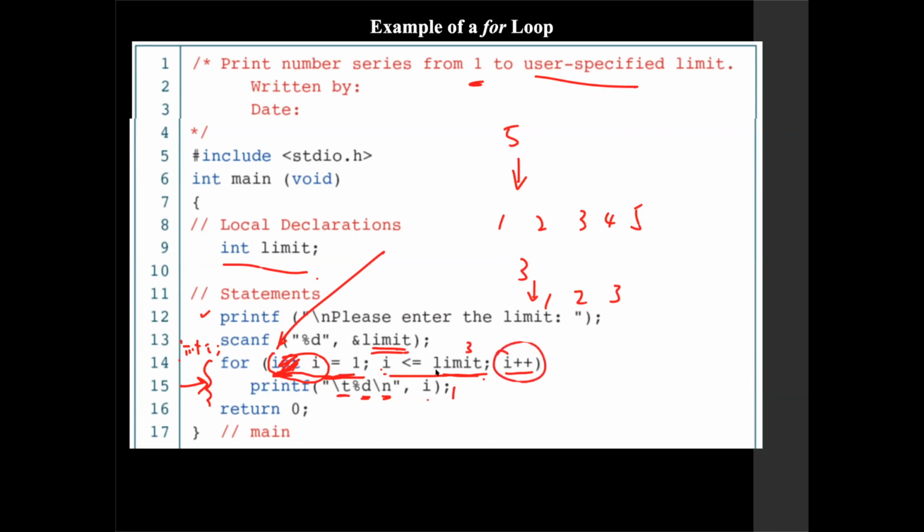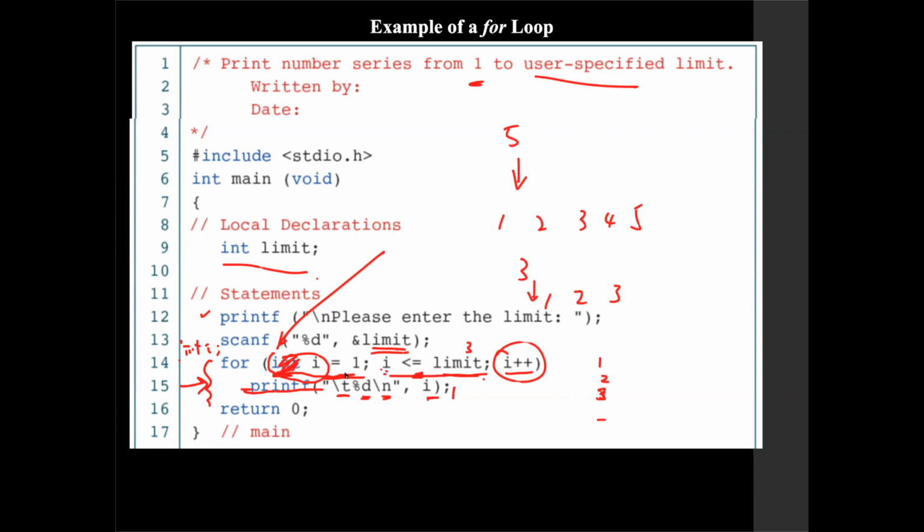i was 1, so the second time i is going to be 2. As long as i is still less than or equal to the limit, you're going to keep printing to the console 1, 2, 3, assuming limit is 3. Notice that it's less than or equal to, so the very last one, 3, will still be printed to the console.